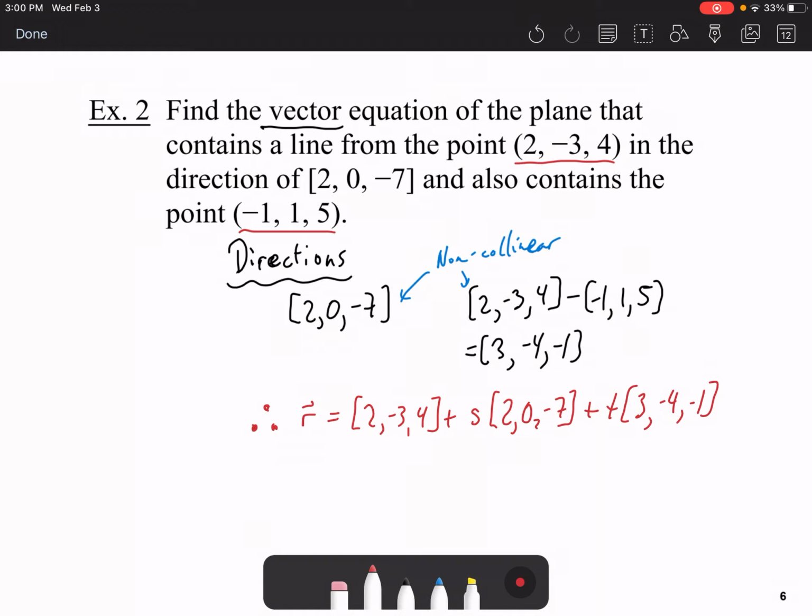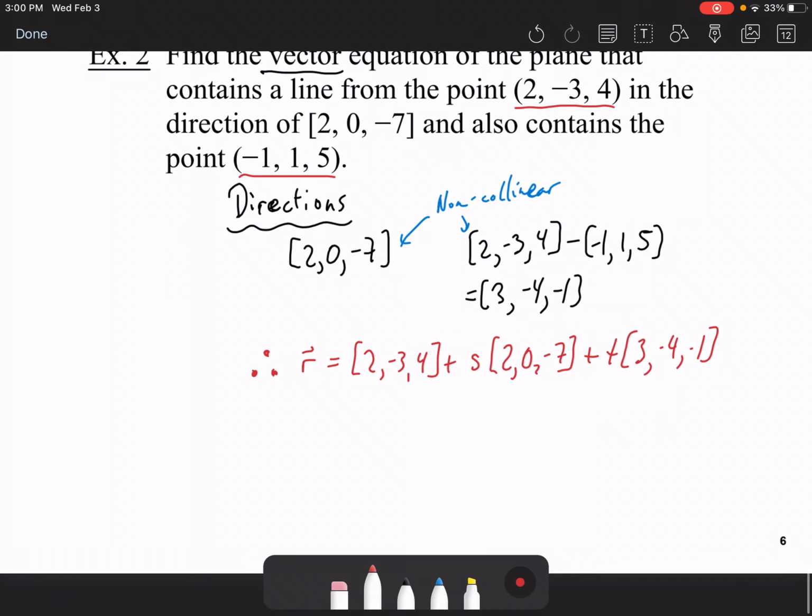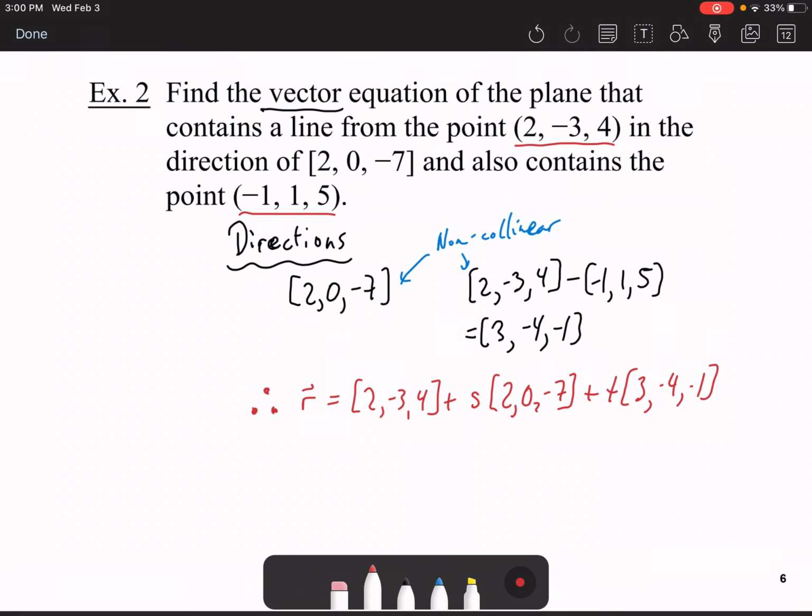And again, because there are different ways that you can choose points and different ways you can choose directions, there could be multiple answers that you get here. And thus concludes this lesson.